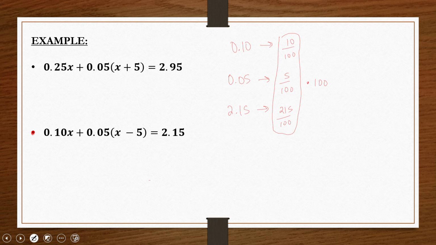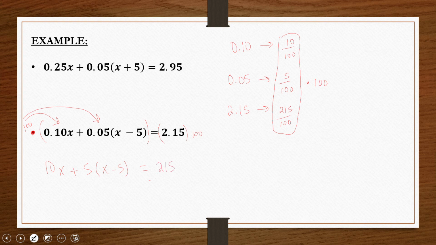If I multiply my entire left side here by 100, 100 times 0.1 would give me 10x. 100 times 0.05, which is then multiplied by the binomial, but we'll leave that be for now, I get simply 5. And on the right-hand side, I end up with, when I multiply by 100, just 215, like this.